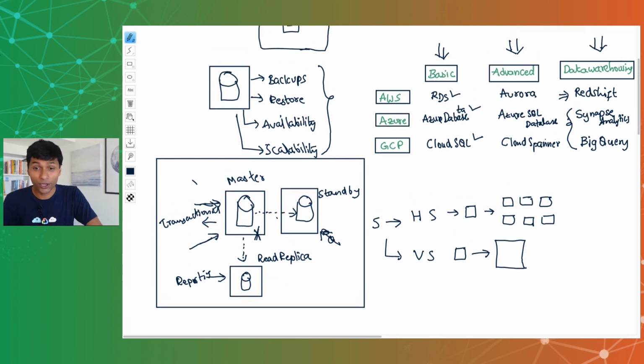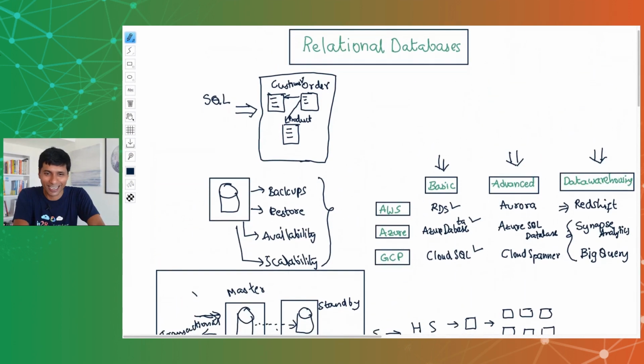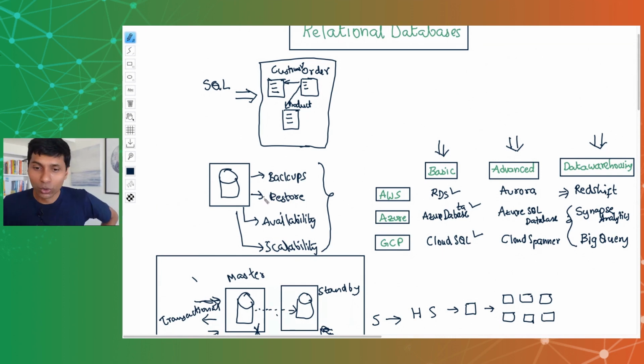In this specific video, we talked about a lot of different concepts related to relational databases. We talked about two different use cases related to relational databases. One is transactions, right? Transactions are basically banking applications or things like that, where there are large number of small updates which are being performed, right?